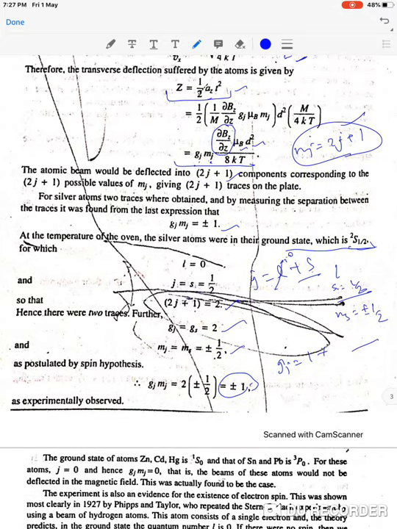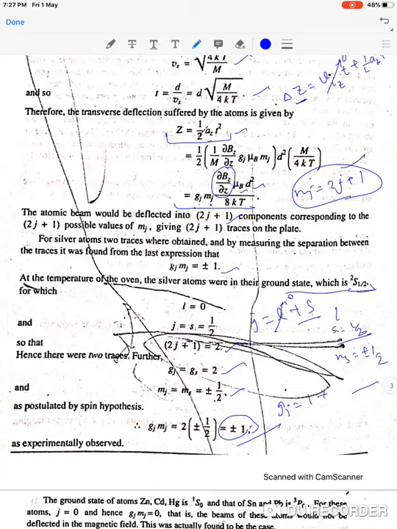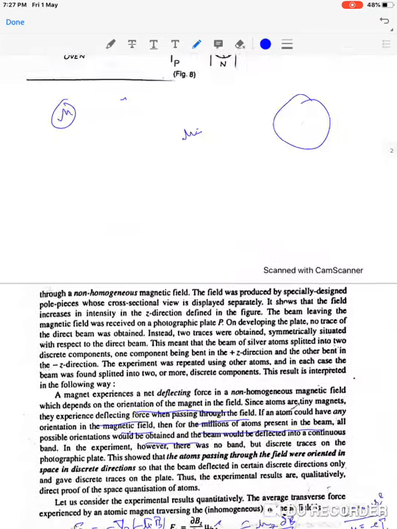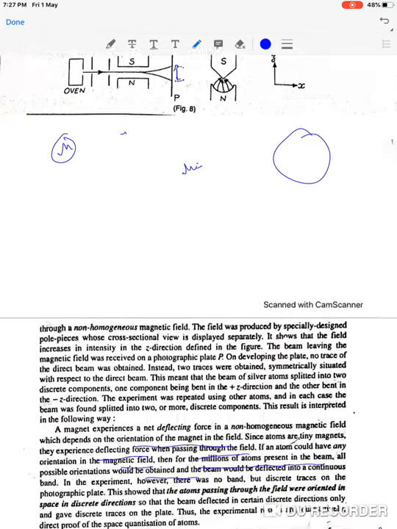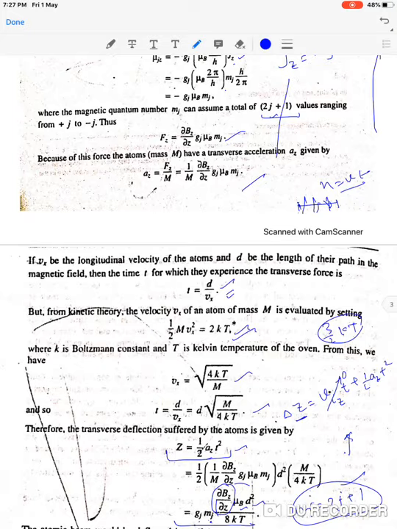By measuring the separation between the traces, it was found from the last expression that gJ mJ should be equal to plus minus 1, because all these values can be calculated and put into the relation, and the separation between the traces can be obtained with respect to plus minus values.